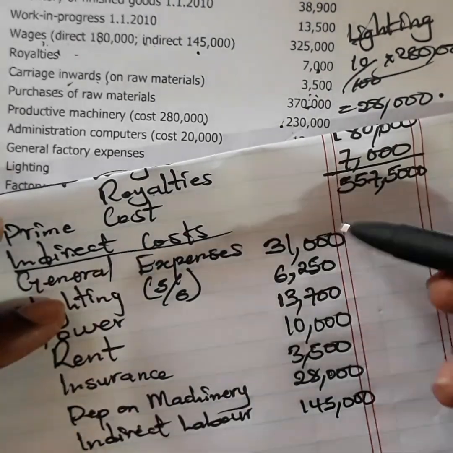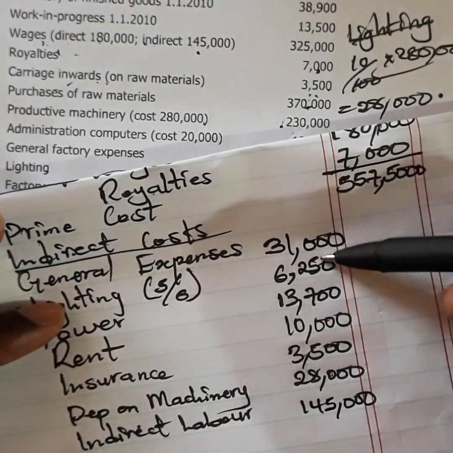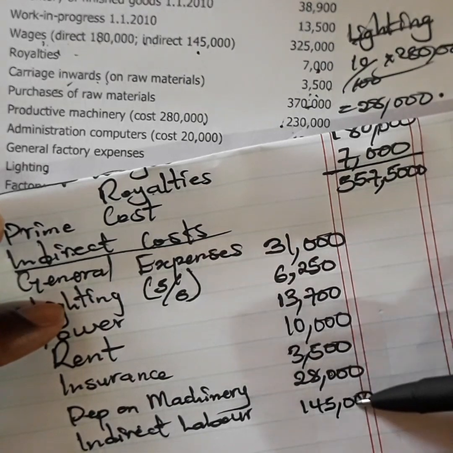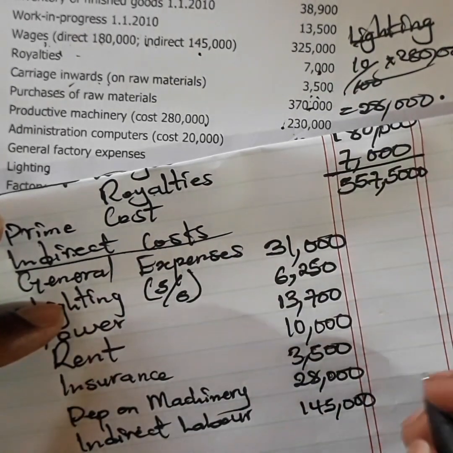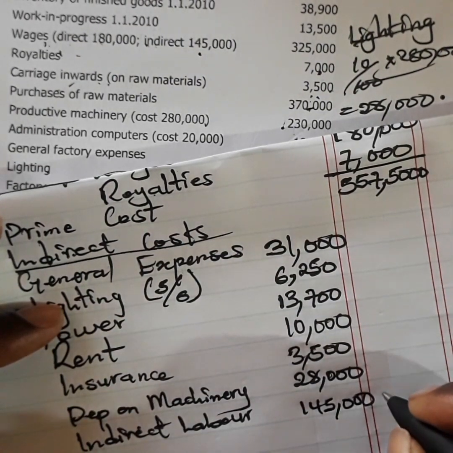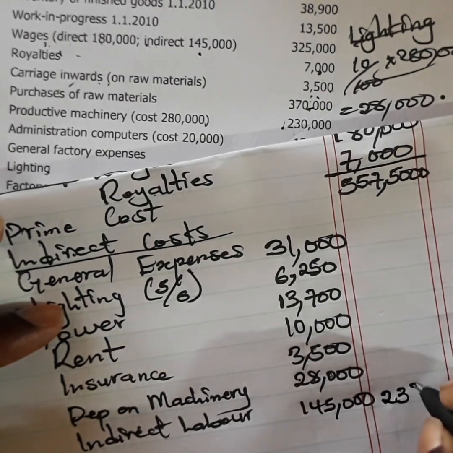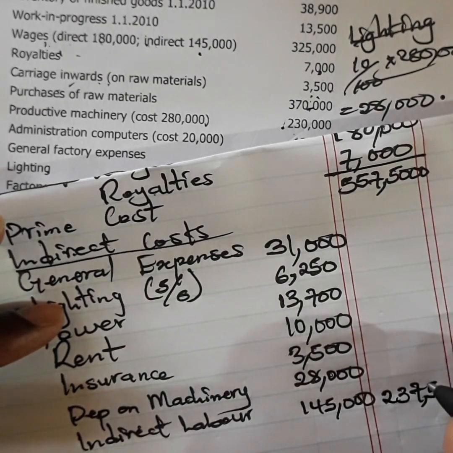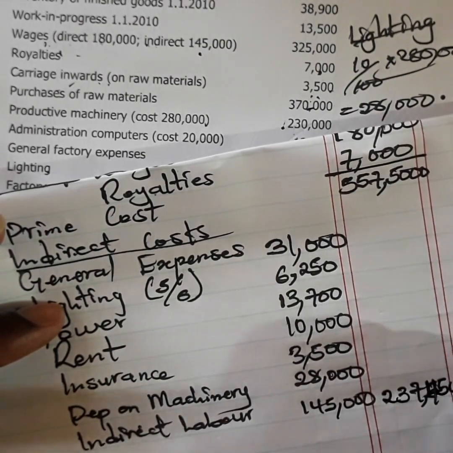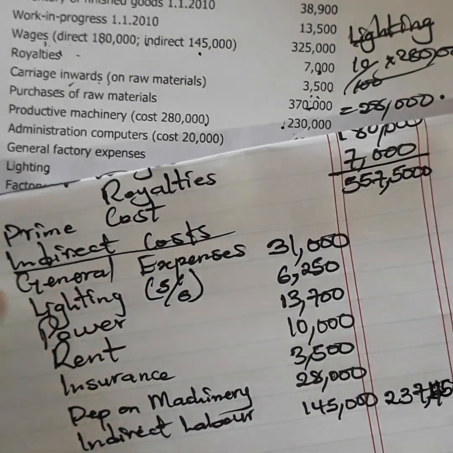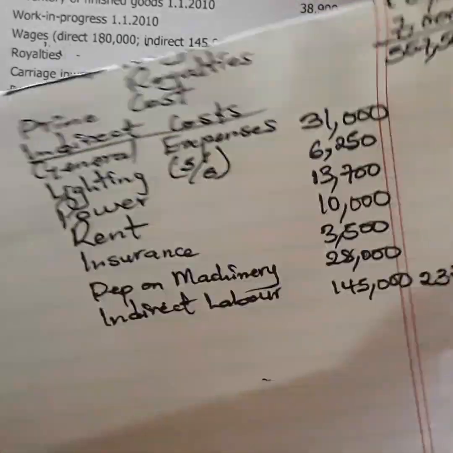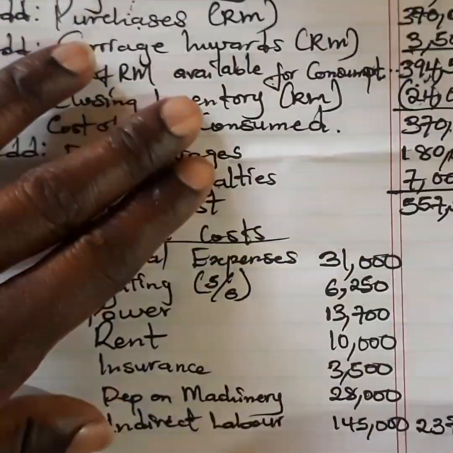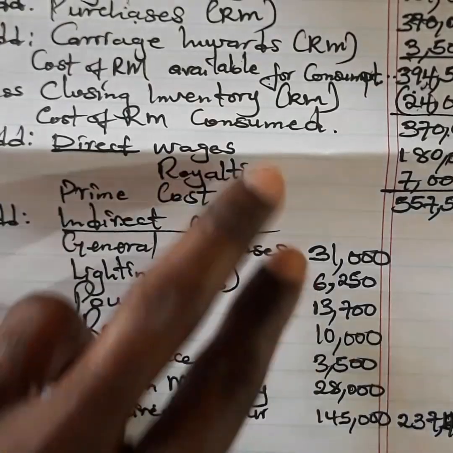When you add all indirect costs here, we are supposed to arrive at a value of 237,450. And remember, we are looking at the manufacturing account, the expenses incurred.